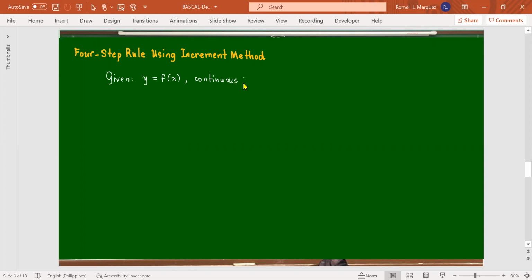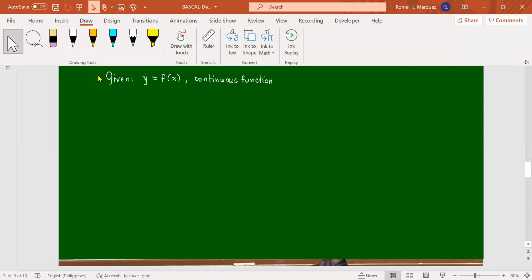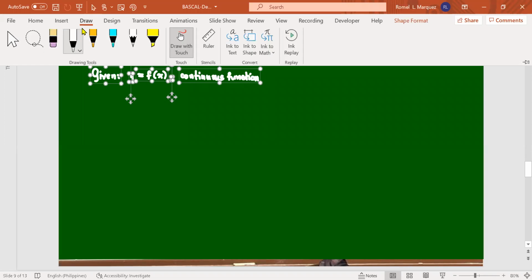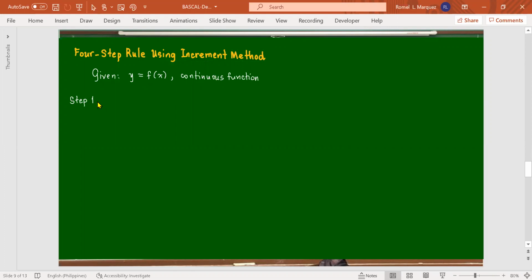Step one: replace x by x plus delta x, and y by y plus delta y.